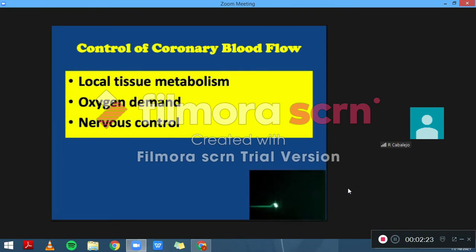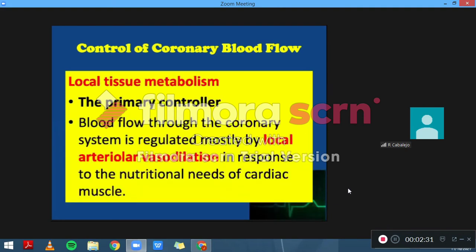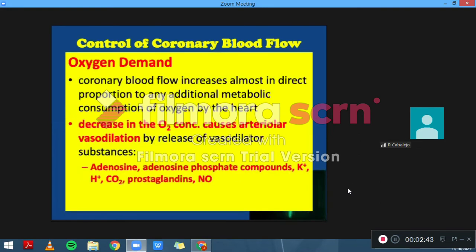And then other controllers would be oxygen demand as well as nervous control. So like I said, your tissue metabolism is your primary controller. The primary response would be local arteriolar vasodilatation in response to nutritional needs of your cardiac muscle.